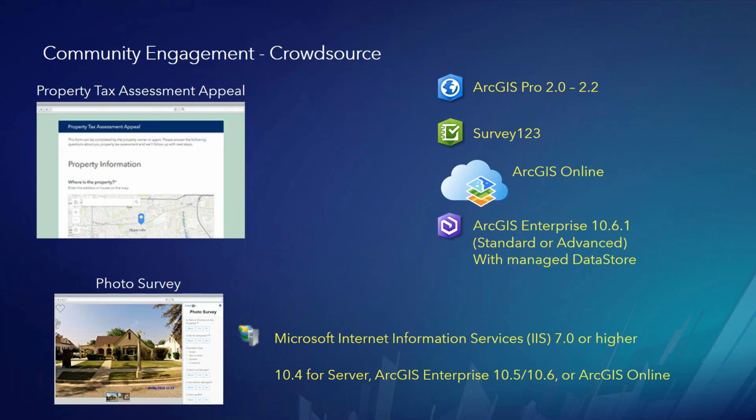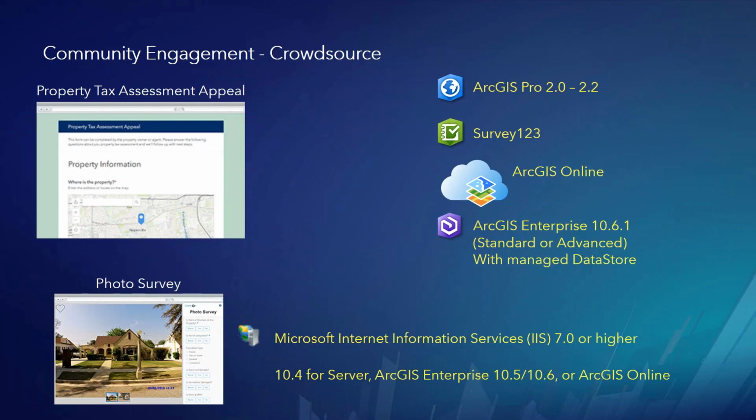You're asking questions around, well, are there boarded up windows, or is there tall weeds or grass, or is there damage to the roof, right? So you're having folks fill out a survey against the property photos that you go out and take for a particular parcel. So that's what photo survey is all about.